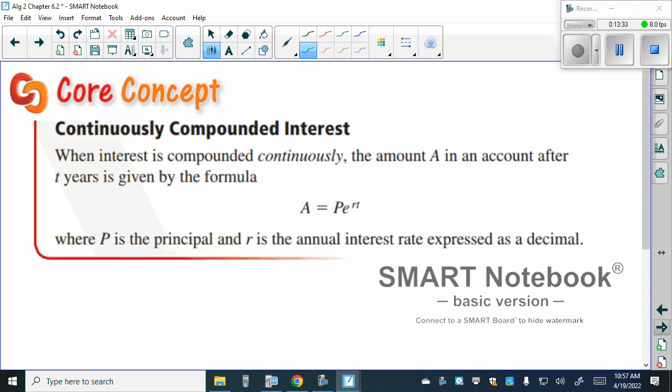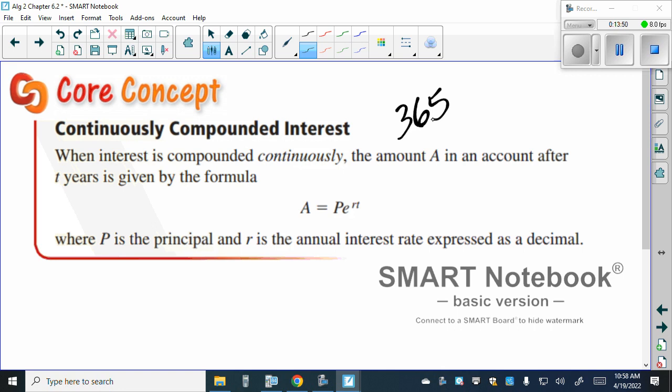Now, we're not going to dig too deeply into this, but we can actually calculate compound interest or continuously compounding interest. So this is if we were trying to see how much interest has occurred over 365 days.